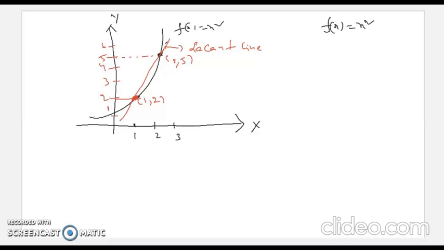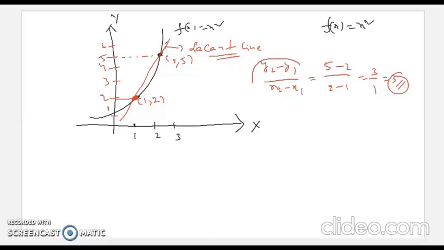Change in y-coordinate over change in x: y2 minus y1 by x2 minus x1 represents the slope of the secant line. So 5 minus 2 by 2 minus 1 is equal to 3 by 1, which is 3. Here 3 represents the slope of the secant line. It is also known as average rate of change.